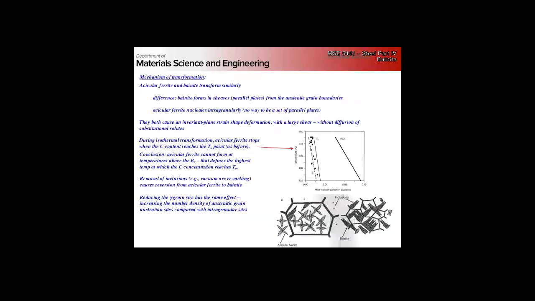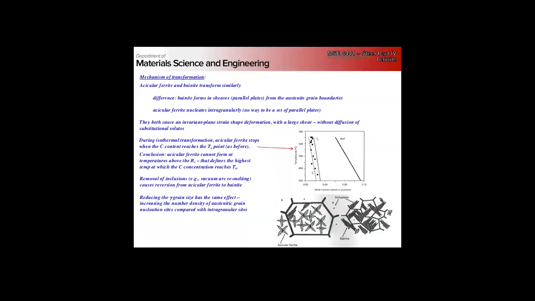They form very similarly, except bainite forms in sheaves, right? And they nucleate from the austenite grain boundary and move out. Whereas acicular ferrite nucleates in the interior of the austenite grain, right?